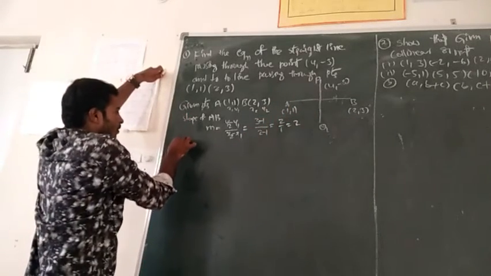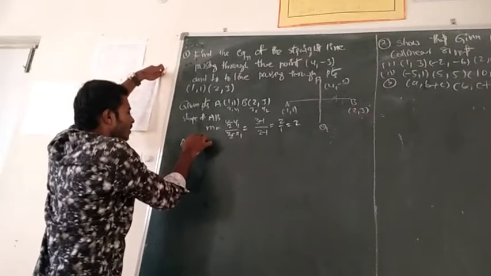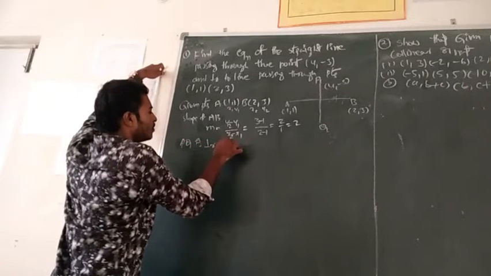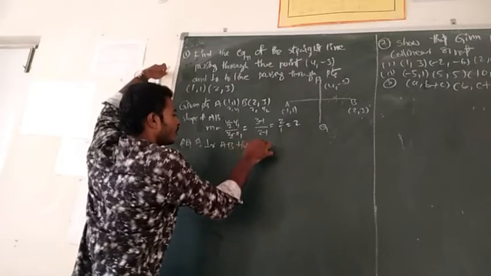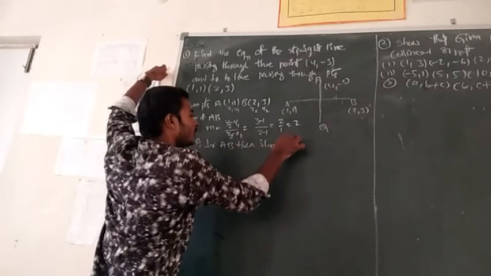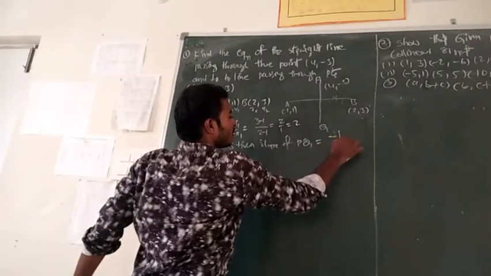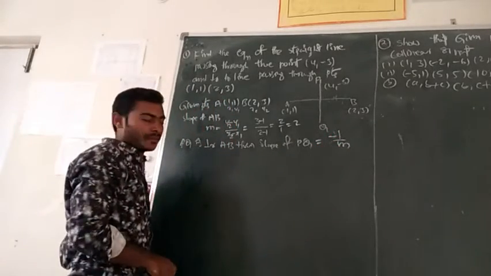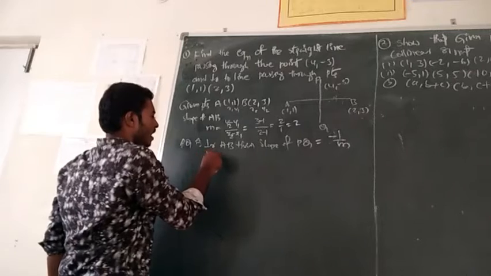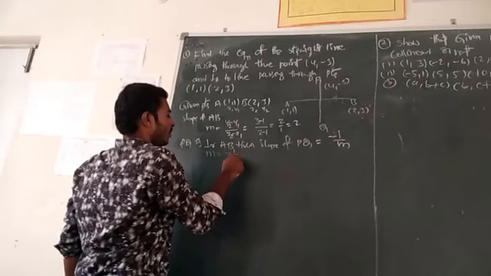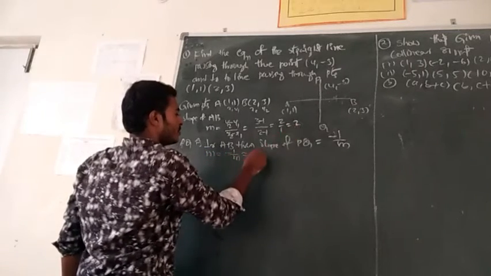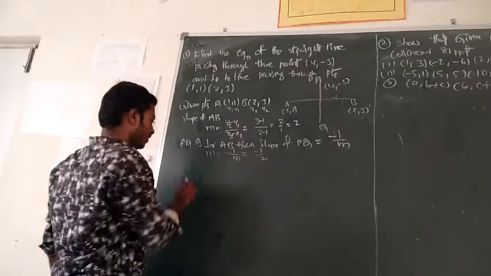Now PQ is perpendicular to AB, then the slope of PQ is minus 1 by m. Here m is 2, so the slope is minus 1 by 2.